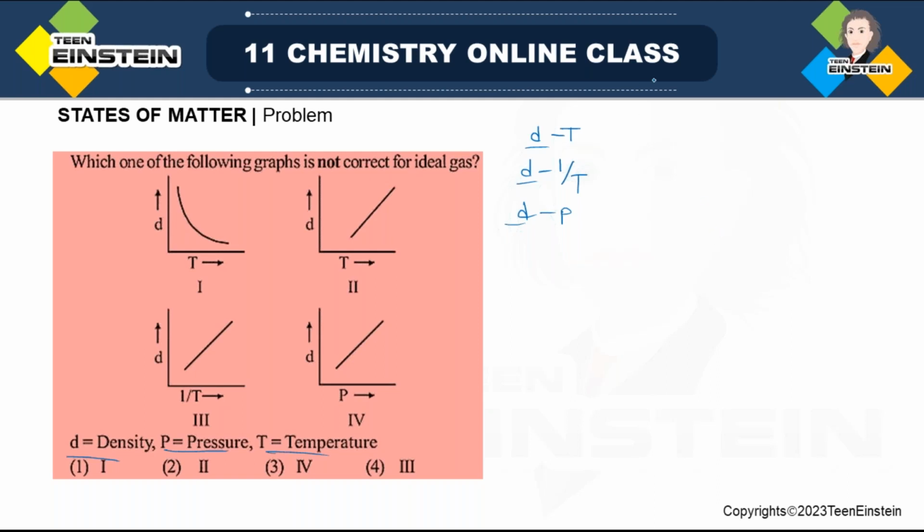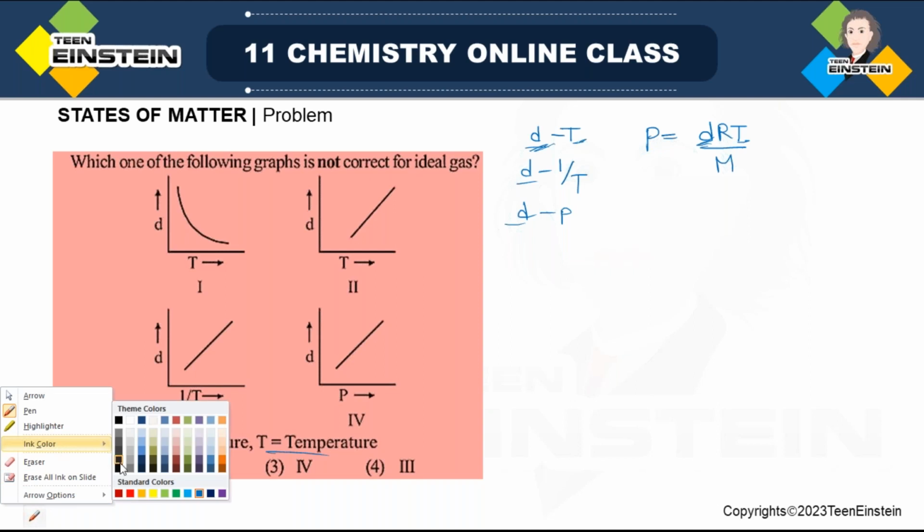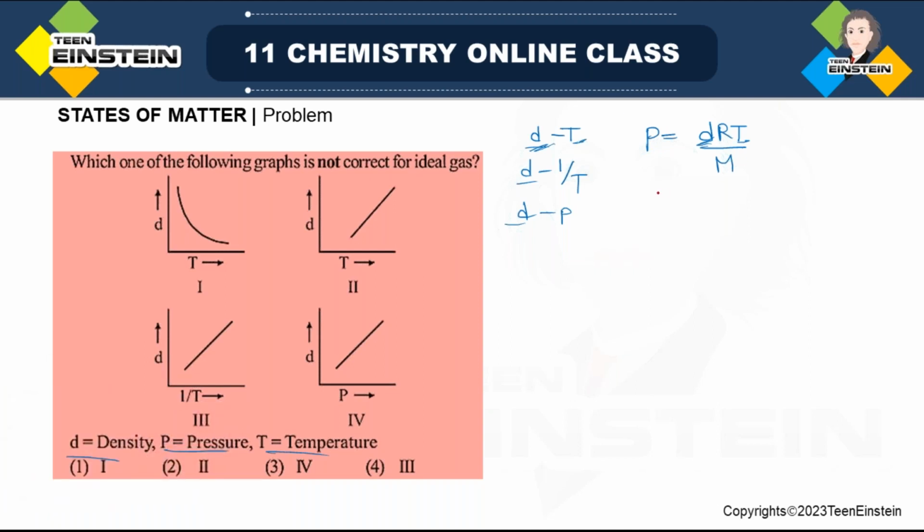So which equation will we use? That we have just seen in the previous slide, P equal to dRT by M. Now if this is the case, when it is D versus T, you have to consider that the other quantities are constant by default. So here D and T, if we focus on these two quantities, now I can write D is equal to PM by RT.